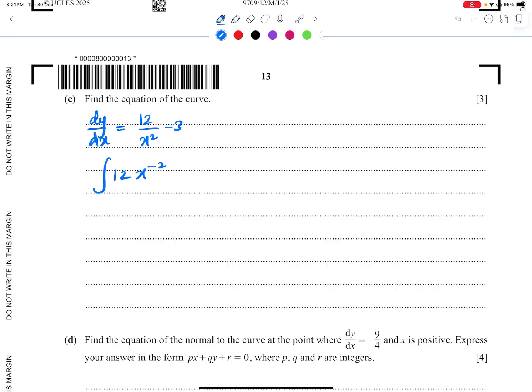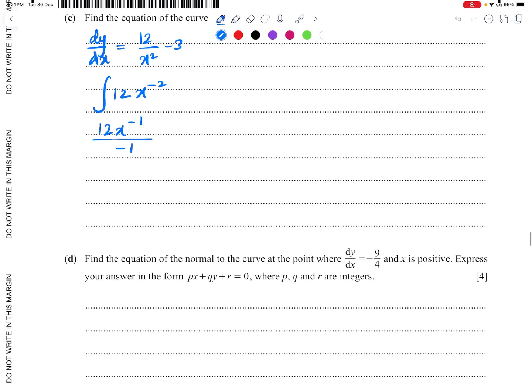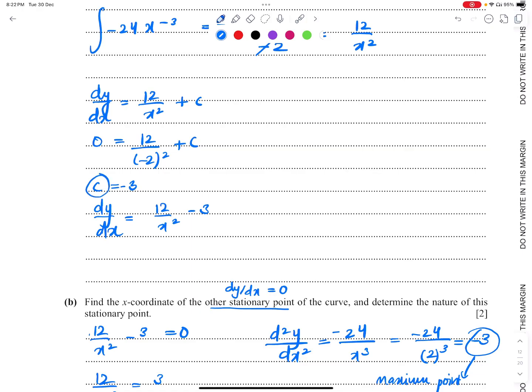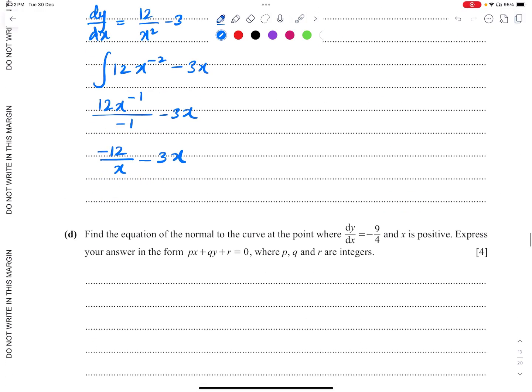I am going to add 1 to the power, that becomes negative 1, divided by the power, that's negative 1. That becomes negative 12 over x, minus, actually, my bad, the 3 does not vanish, it becomes negative 3x. Because we've already used c as a variable over here, I'll use another variable, let's say d over here.